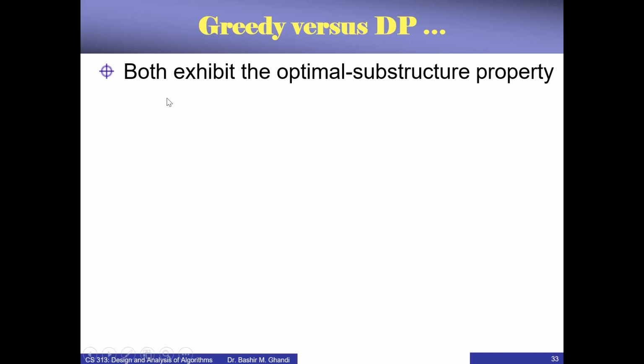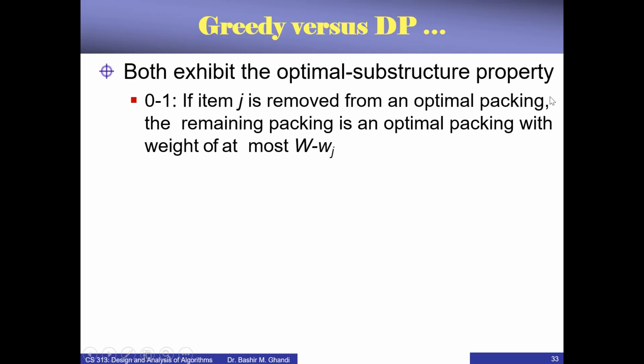Now the first thing to note is that both of them exhibit the optimal substructure property. Why? For the 0-1 knapsack, suppose the thief has chosen his optimal solution and it includes an item j. Now suppose you remove that item j.